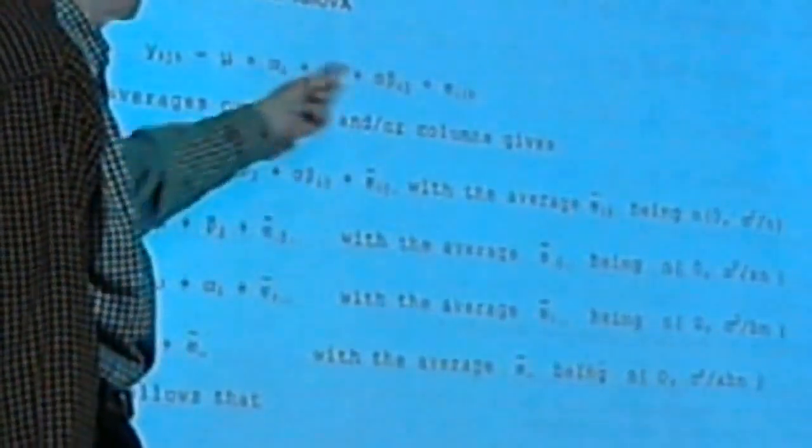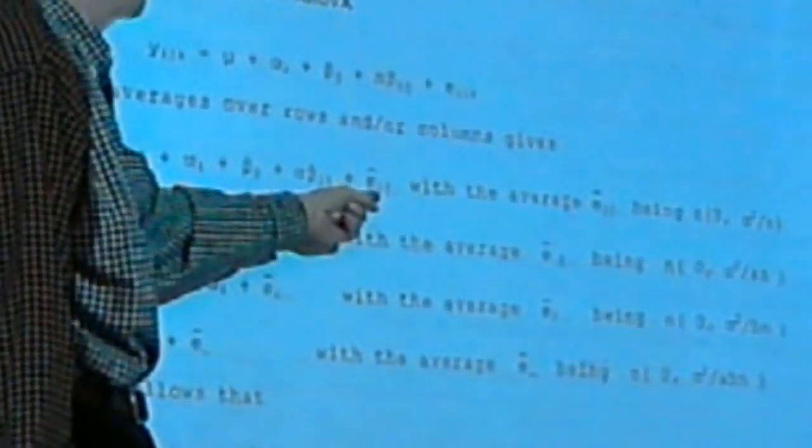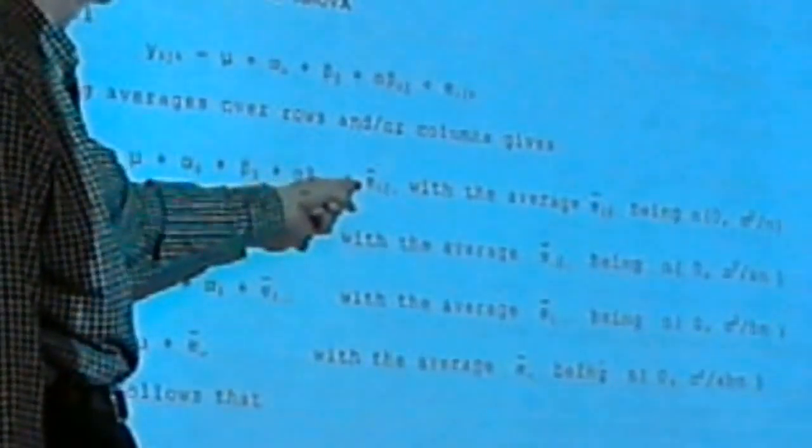Y bar ij dot says sum over k. That's a constant, that's a constant, that's a constant, that's a constant from that. And then we can average on k of those things, and that would be the notation for that, average of those error variables.